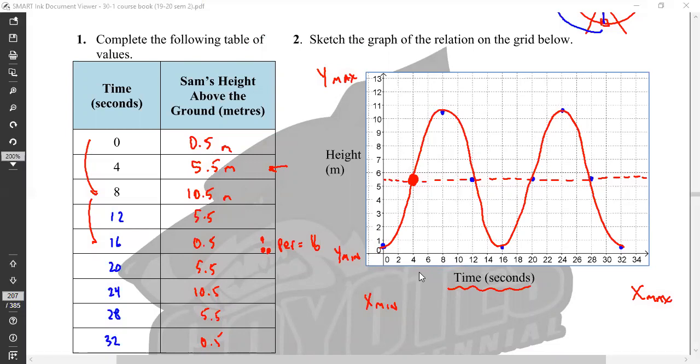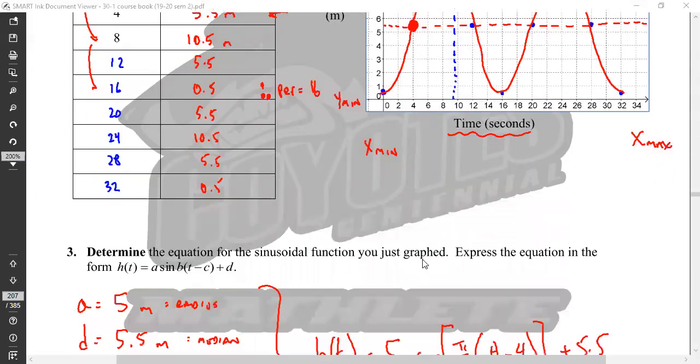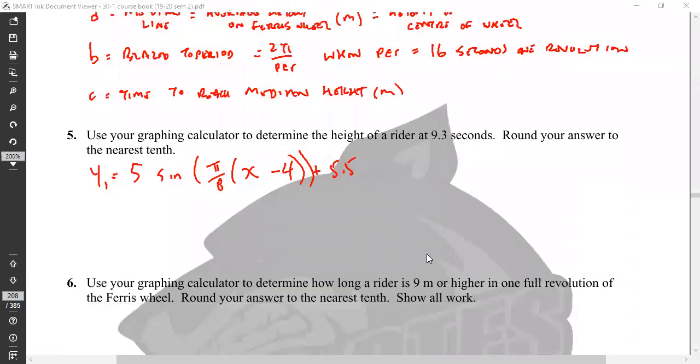Now this question is asking for what's your height of the rider at 9.3 seconds. So what this is getting at is, and this is 9.3, what is this going to be? So 9.3 comma, that's what we're trying to find. When you put this into your calculator, if you hit trace, or on a Casio, you would hit G-solve and then value.